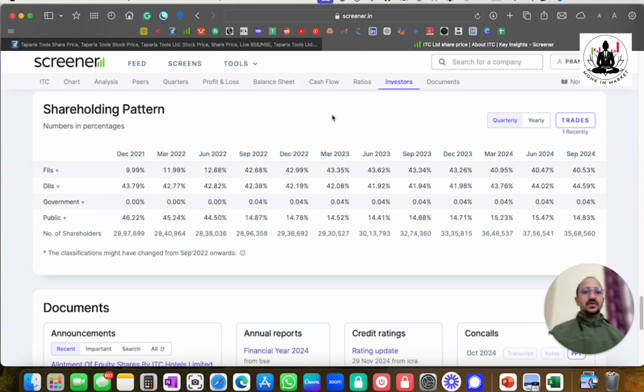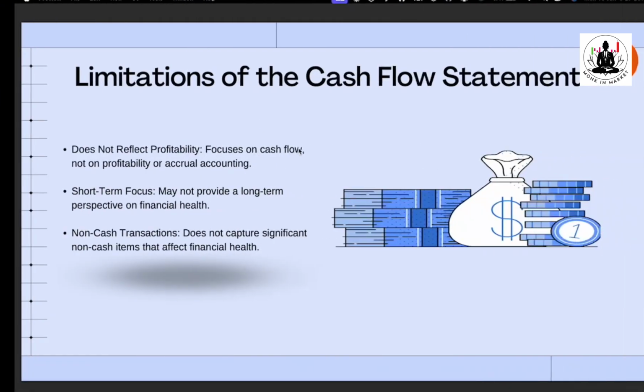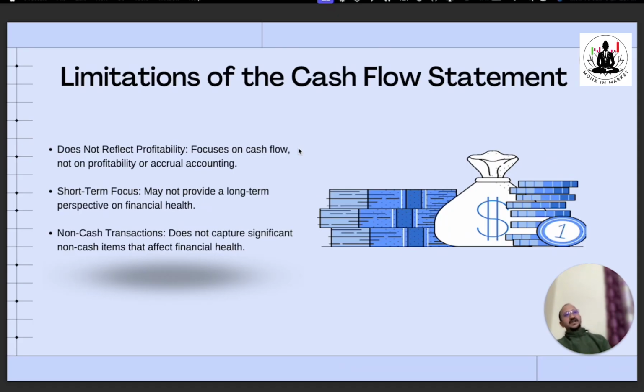All right. So I hope this is clear to everyone, how things work out in the stock market. Today we completed the financial statements. In fundamental analysis, it is important that we combine all the financial statements together. The ratio analysis also comes with that, and then we apply technical analysis. So the sequence is: first we go for ratio analysis.